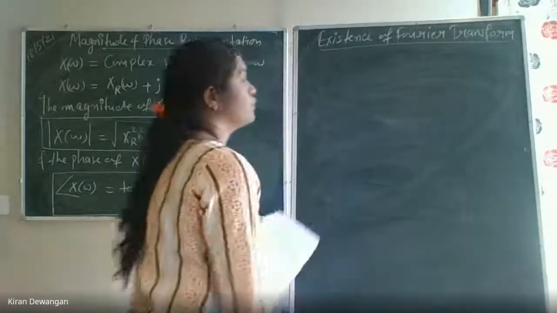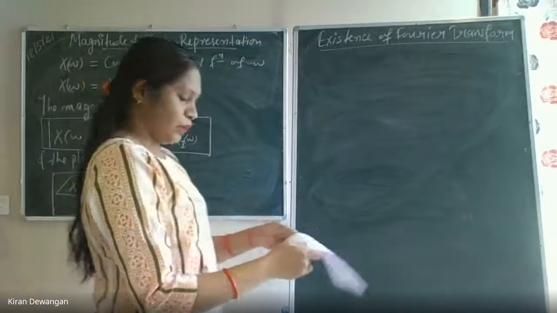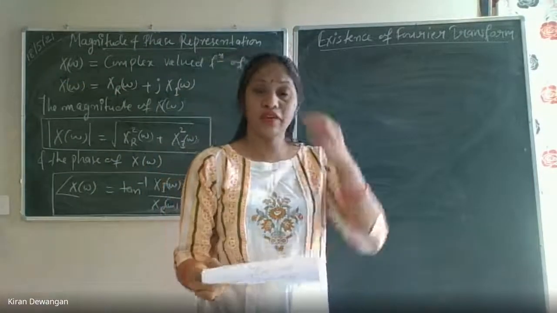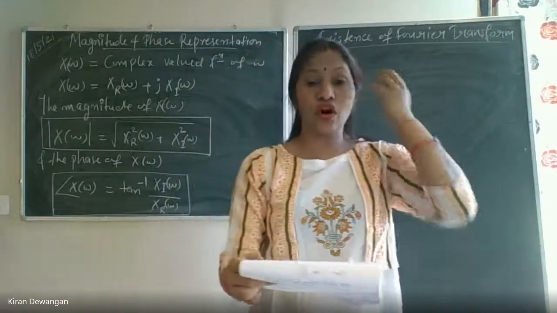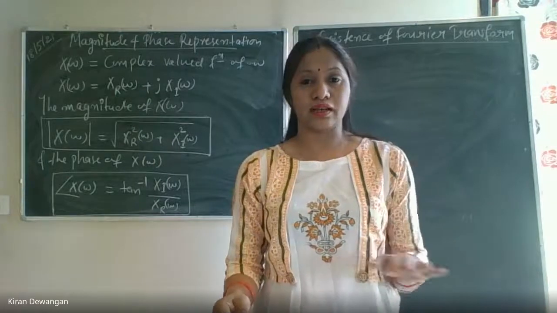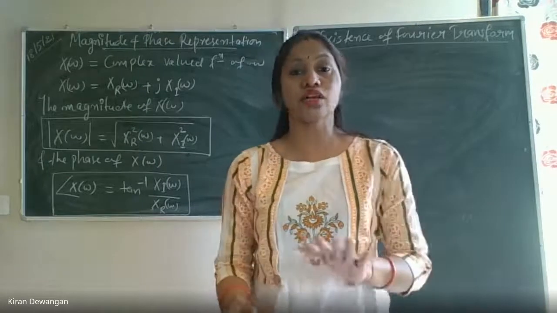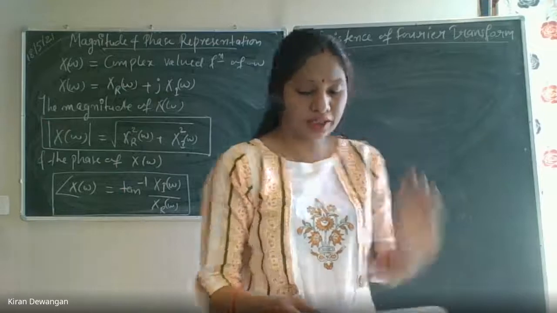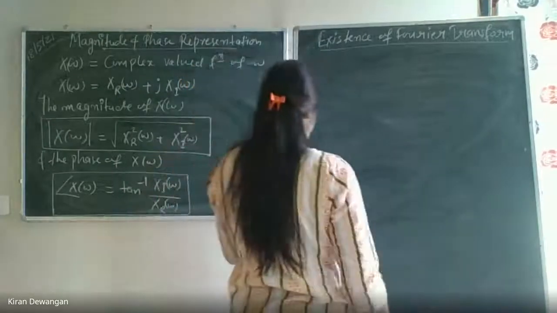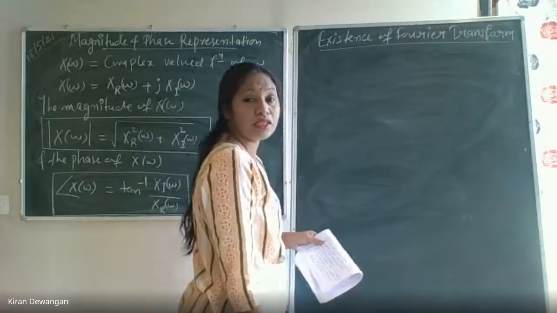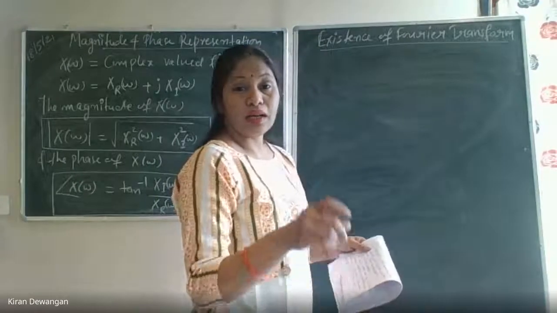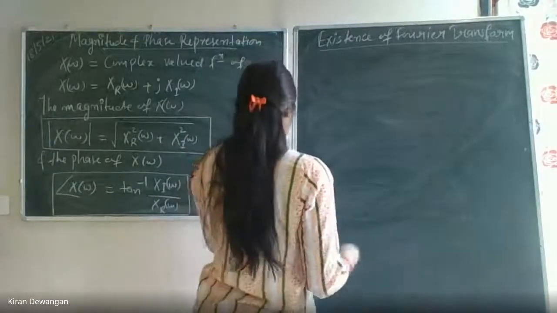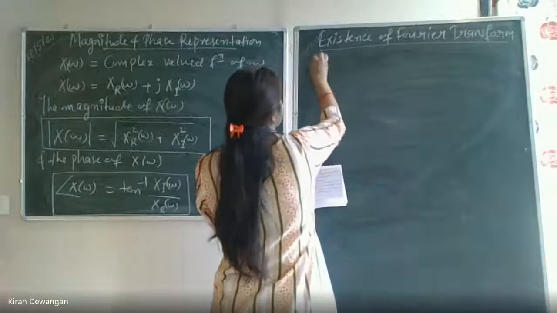Existence of Fourier transform. Now, when we say existence of Fourier transform, it does not exist for all aperiodic signals, all aperiodic functions. Certain conditions that should be satisfied by x(t) are known as Dirichlet's conditions.